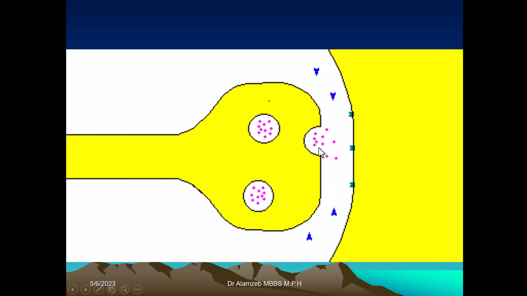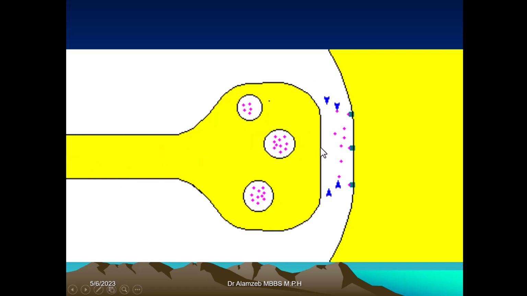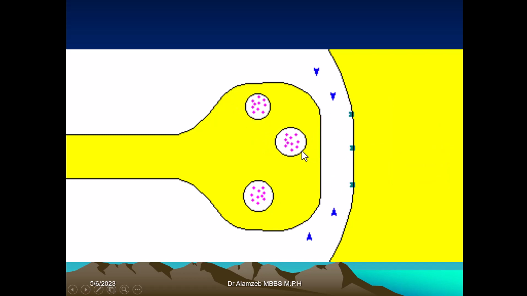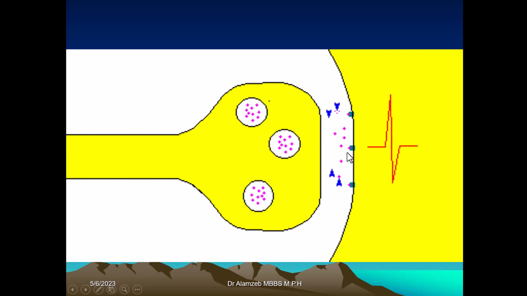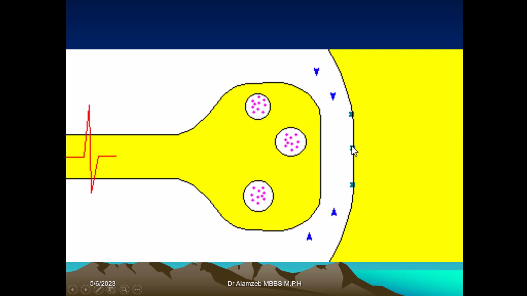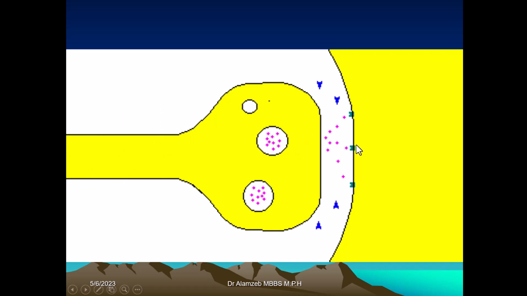These vesicles fuse with the membrane and by exocytosis release acetylcholine into the synaptic cleft. Then this acetylcholine attaches to the receptors which are present on the muscle membrane.